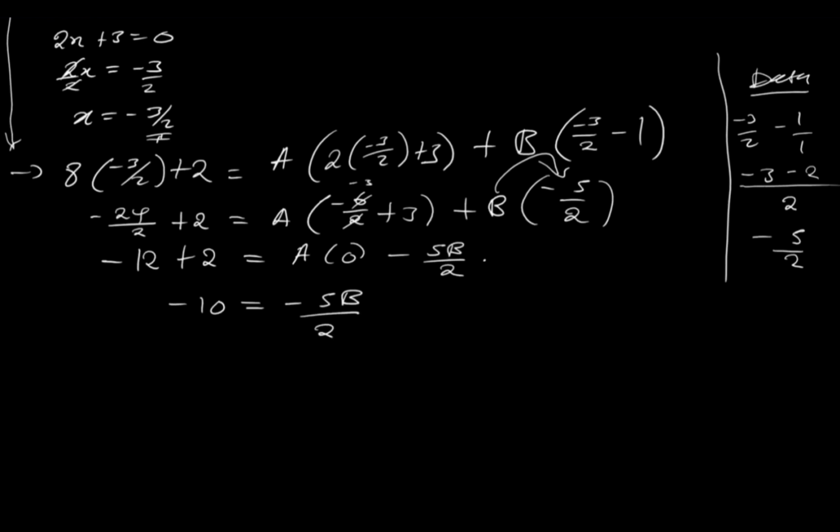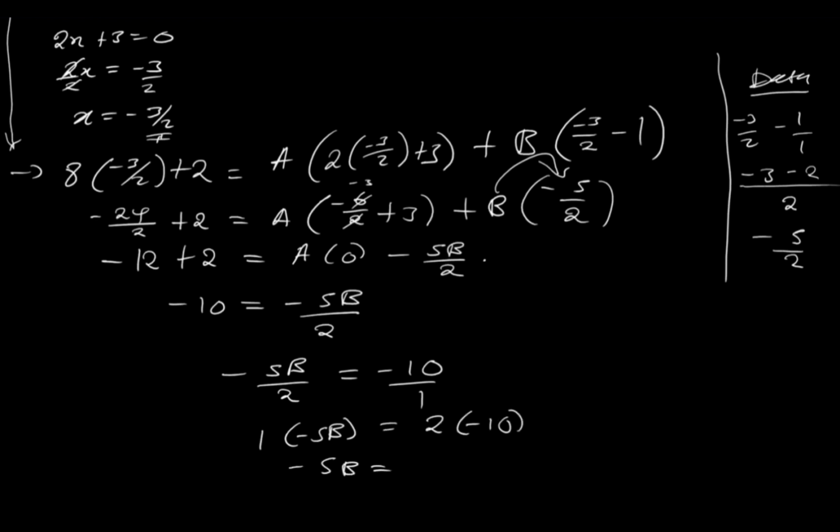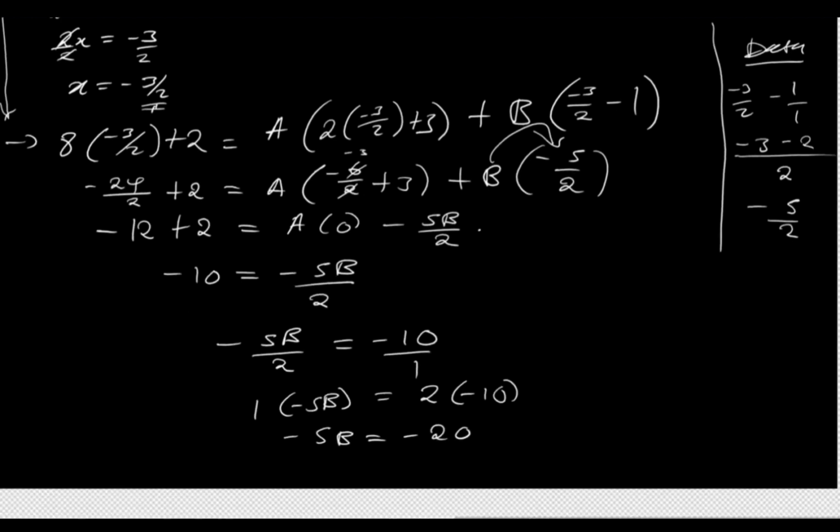Most of you are not really familiar with writing like this, so I can also flip it and just have negative 5b over 2 is equal to negative 10. I can solve this by introducing a 1 this side, then I cross multiply. So 1 will multiply negative 5b, and this is equal to 2 multiplying negative 10. 1 times negative 5b will be negative 5b, is equal to 2 times negative 10, that's negative 20.